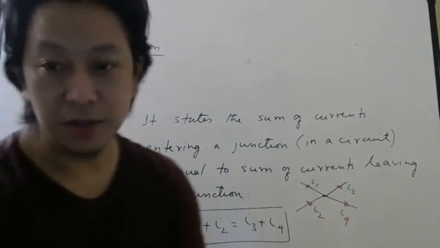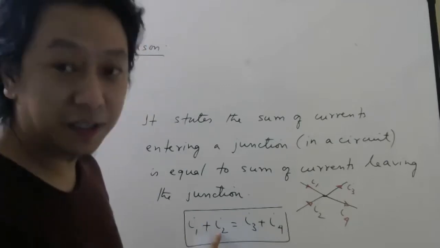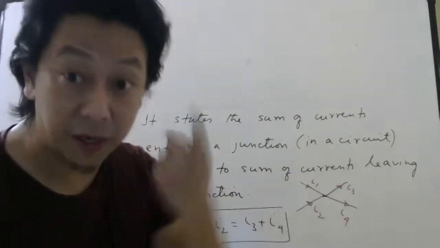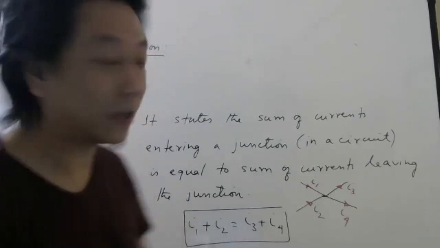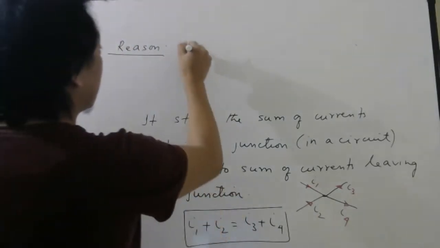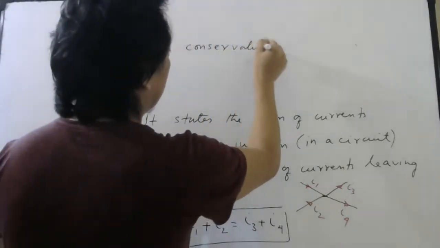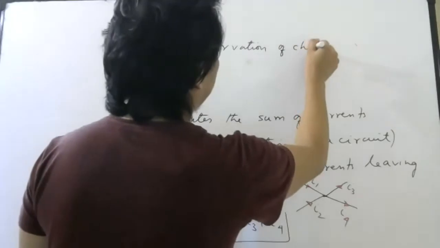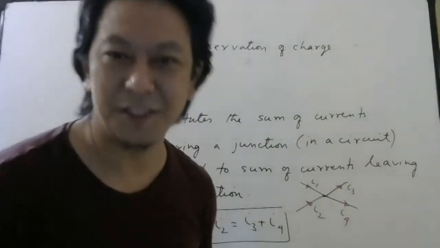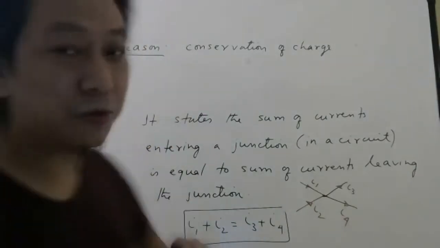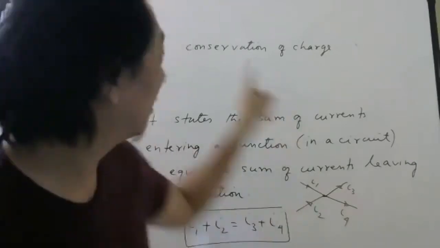So this would be charge entering through these 2 wires, and this would be charge leaving. So the reason behind this is conservation of charge, which we already studied long back in the first chapter. If they ask 1 mark, write this. It is the physical significance.